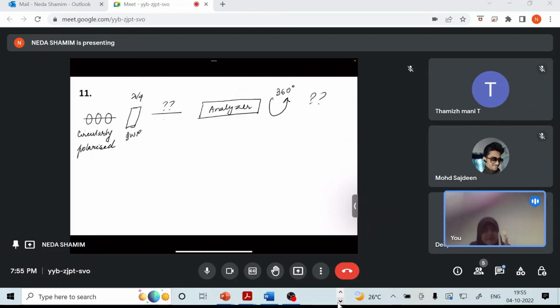Will it become right circularly polarized? Linearly polarized. Correct. When you pass circularly polarized light through a quarter wave plate, it introduces a phase difference of how much? Pi by 2, a 90 degree phase difference. Already they are 90 degree out of phase. Now I introduce another 90 degree phase difference.